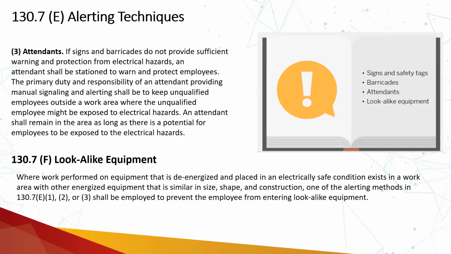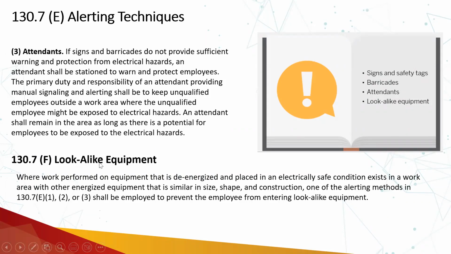The main function of the attendant is that the attendant will be there till the time the task is completed. One of the responsibilities of the attendants is that they will stop people from entering those areas where they might enter. Still, we have put signage and barricades there, but people might tend to cross those areas.